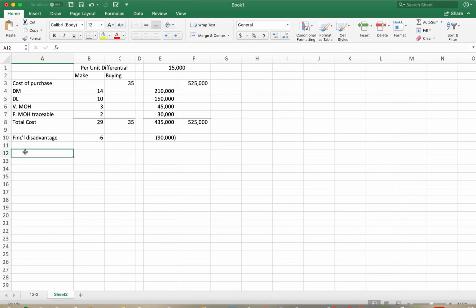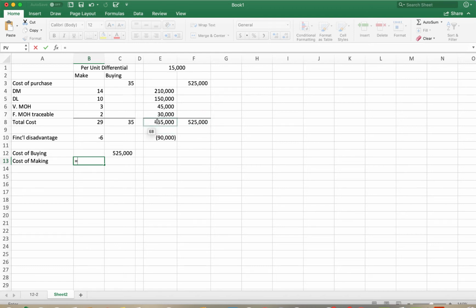So what's the cost of buying? Well, we already calculated that. Cost of buying is the $525,000. What's the cost of making? Well, we already calculated that in requirement 1. Cost of making is $435,000.